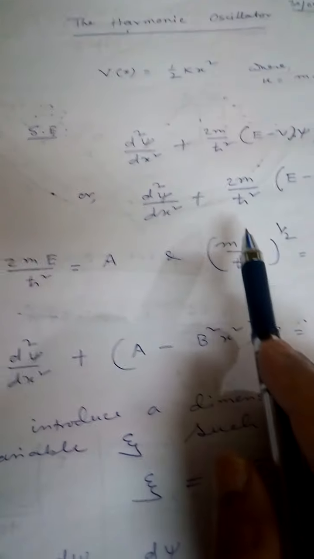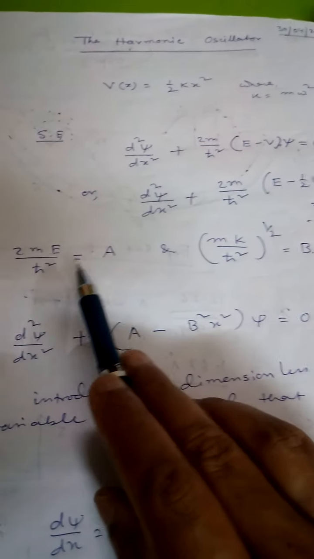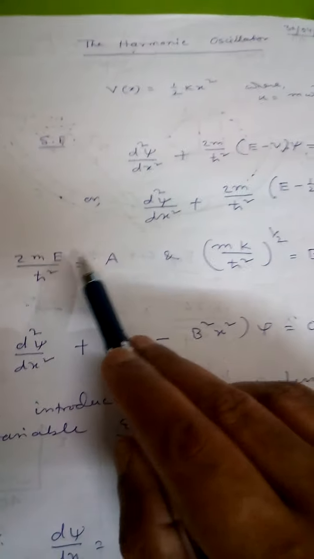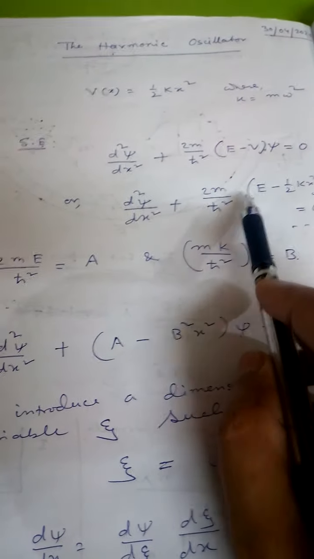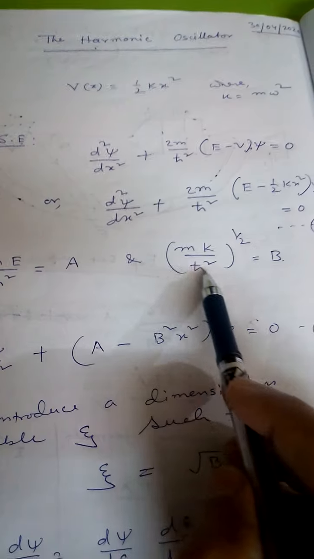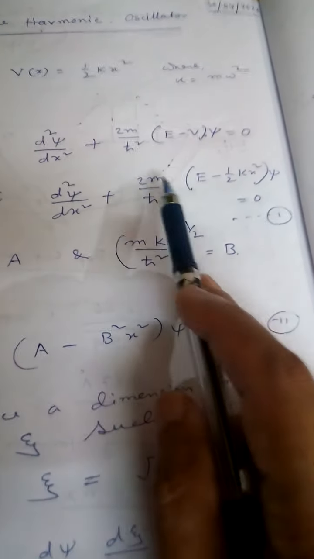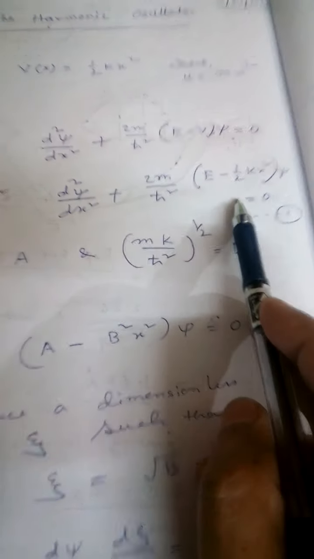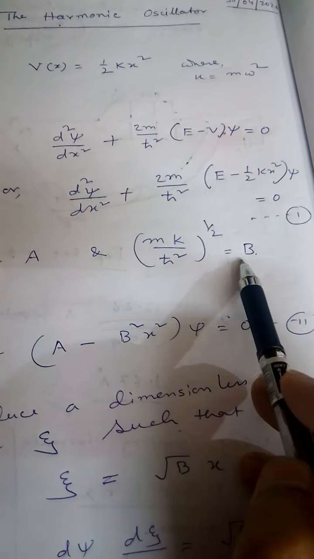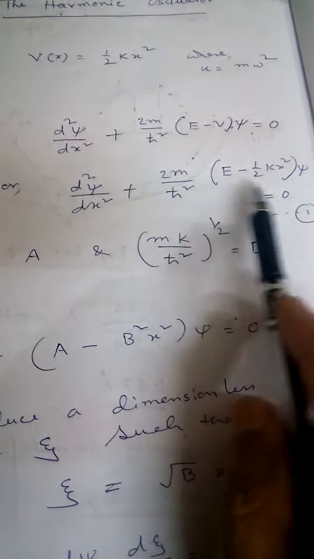Now here we should consider some conditions. We consider 2mE by h cut square as a constant a, and square root of mk by h cut square, the 2 cancelled out. So mk by h cut square equals b, as if b square equals mk by h cut square.